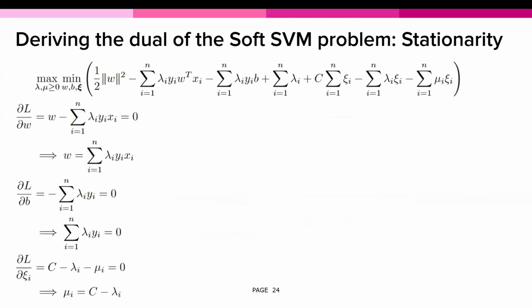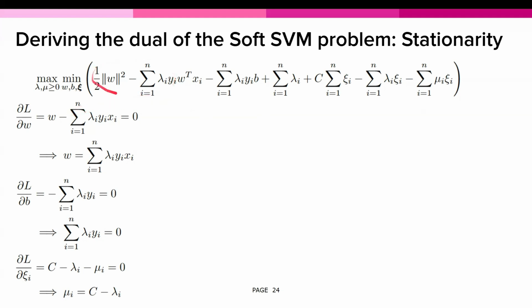All right. So next, we can take the partial derivatives of the Lagrangian with respect to the primal variables to enforce the stationarity condition to try and eliminate the primal variables from the Lagrangian. So first, we'll take the derivative of the Lagrangian with respect to the weight vector w.